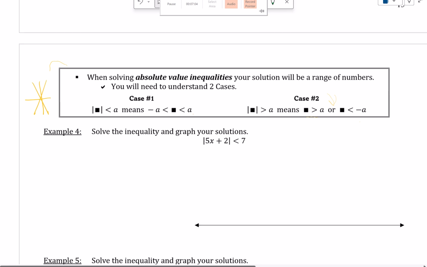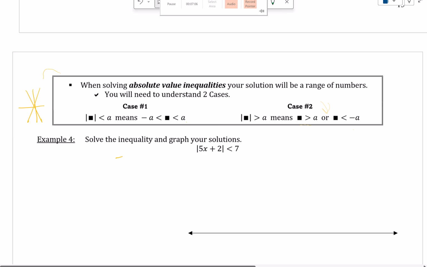So we've got absolute value by itself, so we're going to set, so that is less than. So that means 5x plus 2 is less than 7 and greater than negative 7. So remember we said this is two different equations.